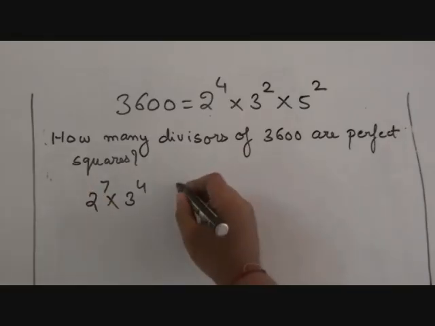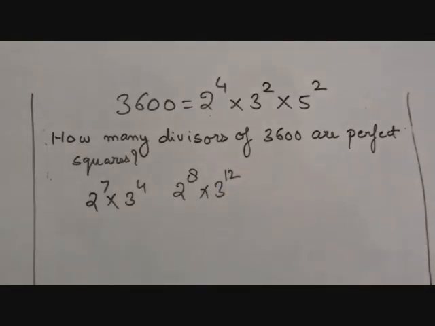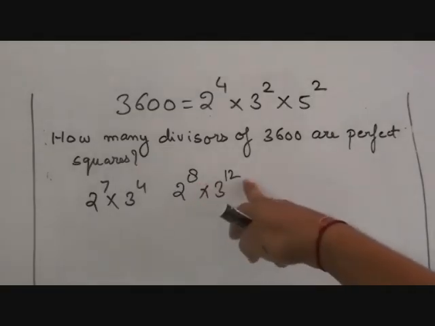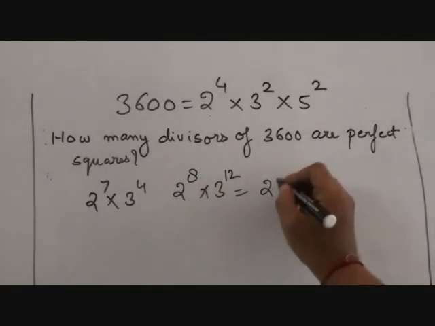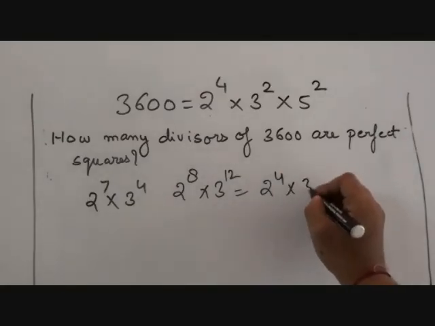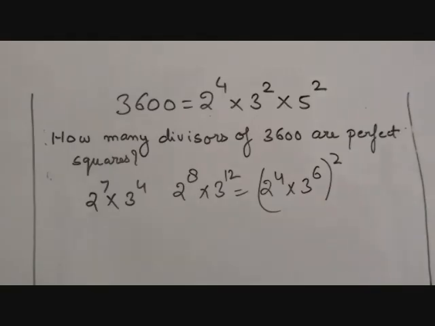What about 2 raised to 8 into 3 raised to 12? Yes, it would be a perfect square, because all the powers of the prime numbers are even. It would be the perfect square of 2 raised to 4 into 3 raised to 6. Therefore, if a number is to be a perfect square, all the powers of its prime factors must be even.